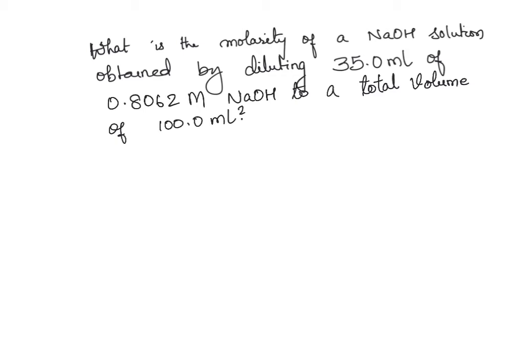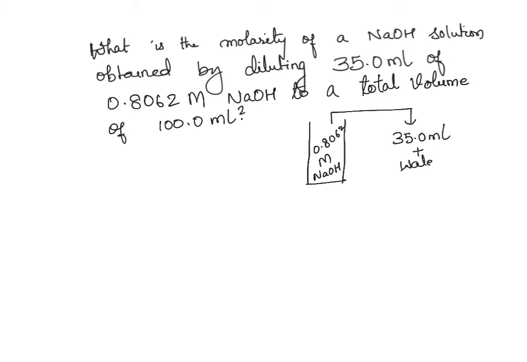It's very important to understand this question here. So there is a 0.8062 molar sodium hydroxide solution. What we are doing is taking 35 milliliters of this and adding water. You're diluting, so you're adding water to make a total volume of 100 milliliters.